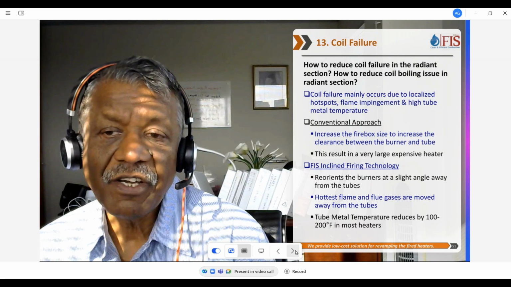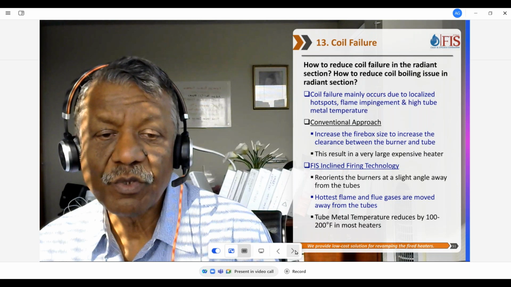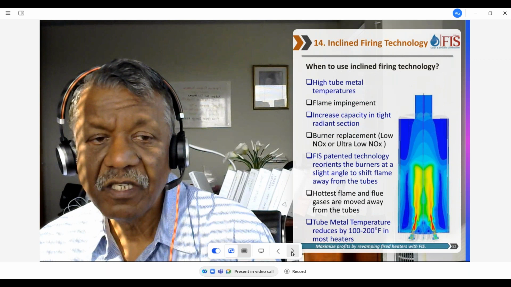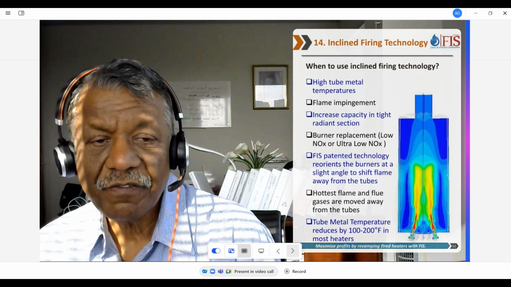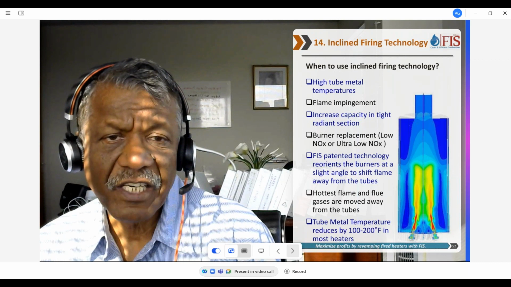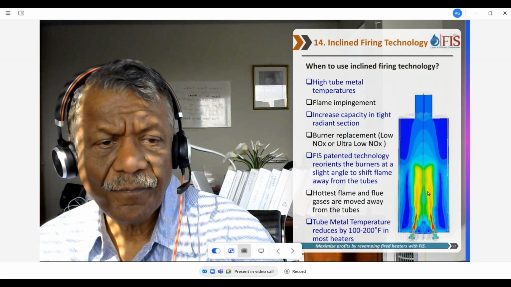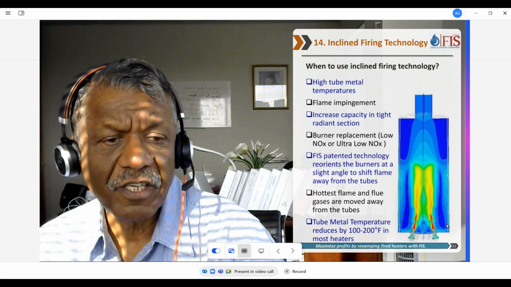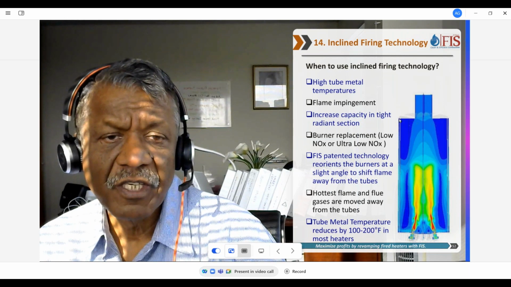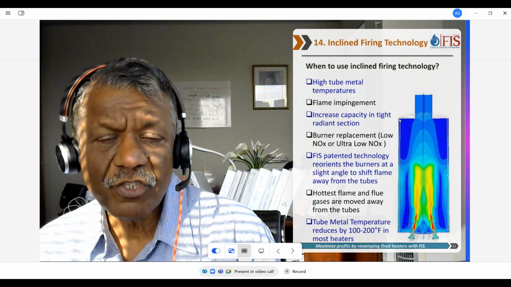And what we have found is the tube metal temperature goes down by 100 to 200 degrees in most heaters. You can see this is a CFD model of a heater which we have done. You can see the flames are in the center, surrounded by cold flue gases near the tubes, and by doing this, we are able to eliminate flame impingement.